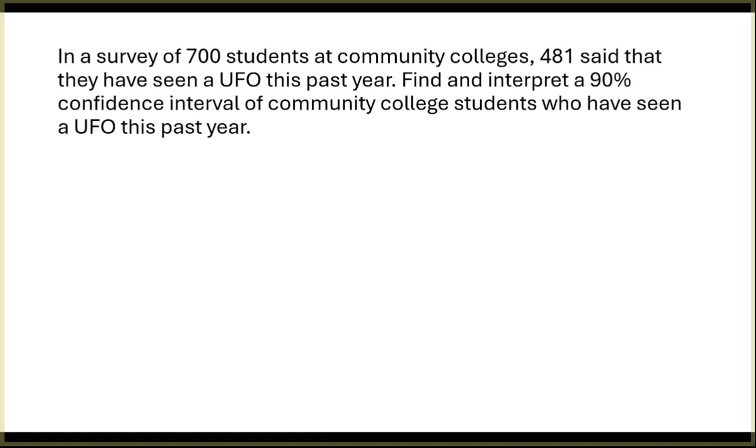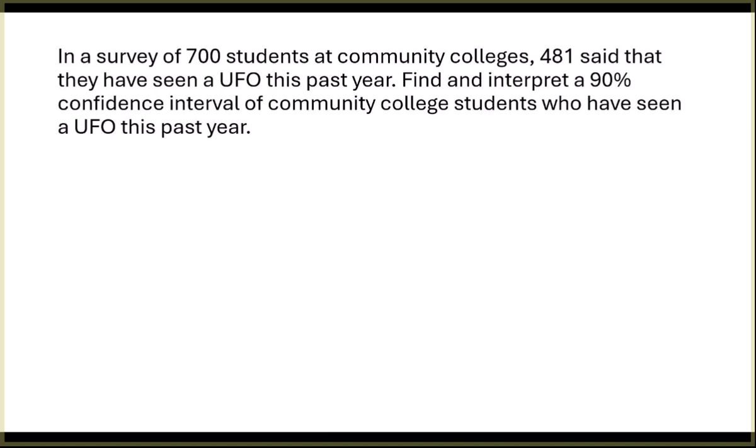I want to find a confidence interval, a 90% confidence interval, that lets me guess about what percentage of community college students in general have seen the UFO this past year. So all we've got is just our information from our sample. We sampled 700 people and got this result.